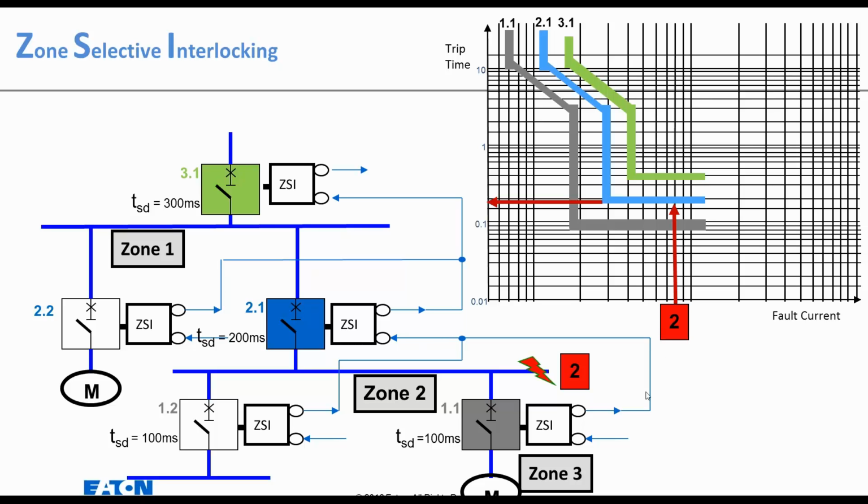It doesn't get an input signal from the gray breaker or this white breaker below it. Neither one of those breakers sees the fault current flowing into fault 2. And instead of tripping at this 200 milliseconds, it then trips at 70 milliseconds. So it has saved this amount of tripping time.